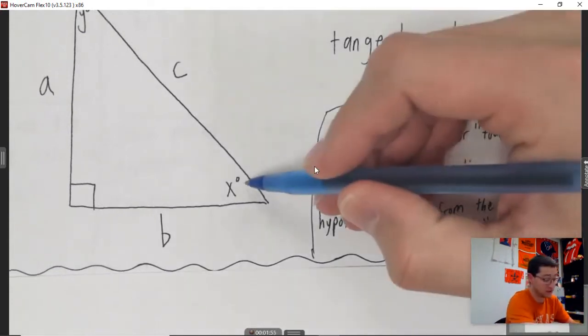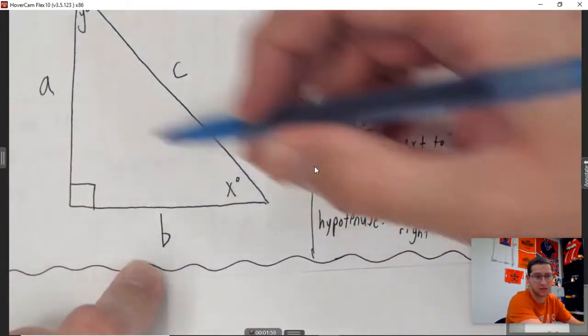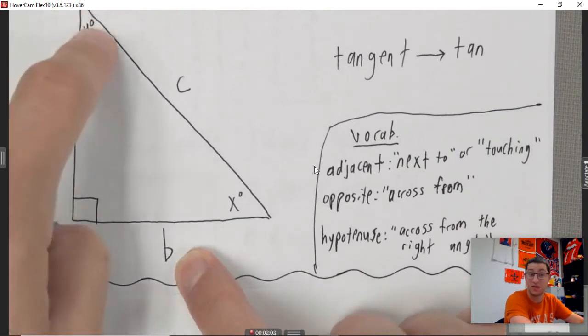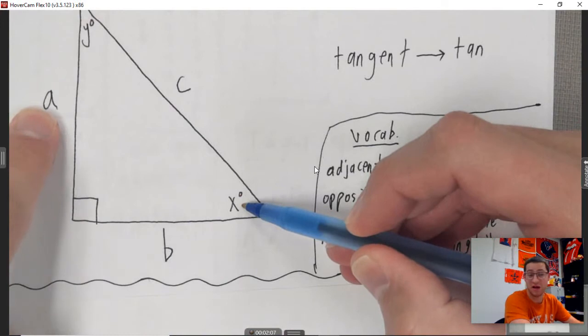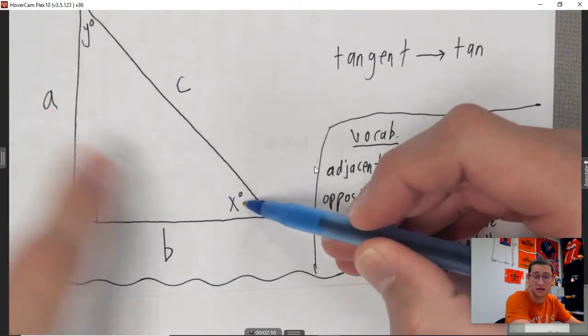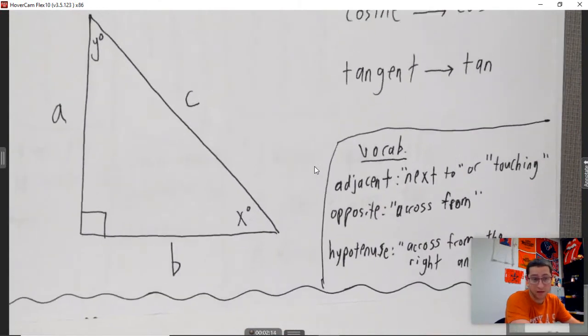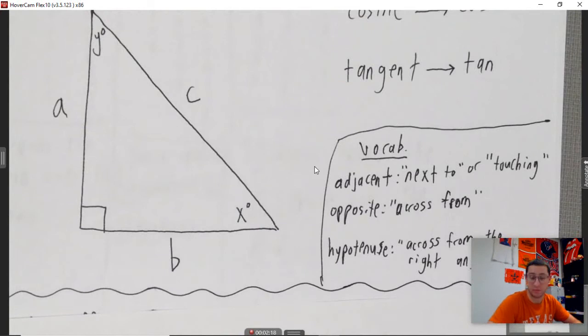The difference might be just when compared to x, either A or B are my opposite or my adjacent, depending on what angle I'm comparing it to. If I'm looking at x, A is my opposite. If I'm looking at x, B is my adjacent. And if I were to switch it with y, those two would flip.